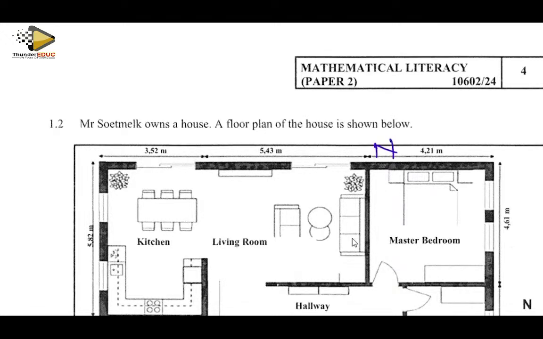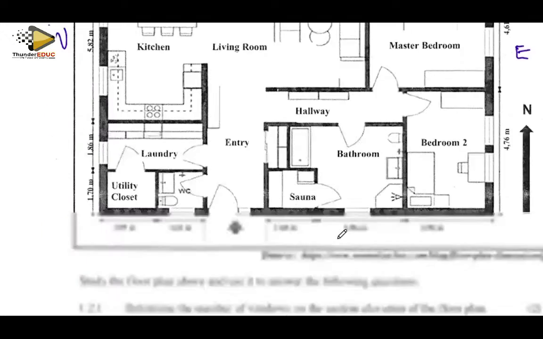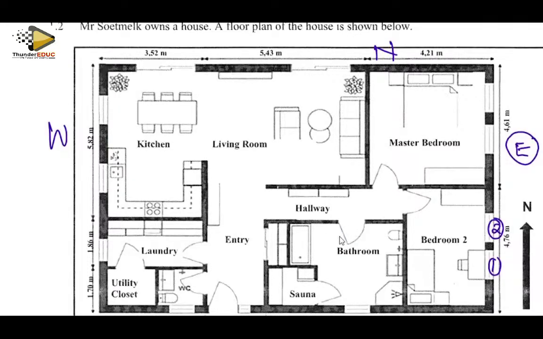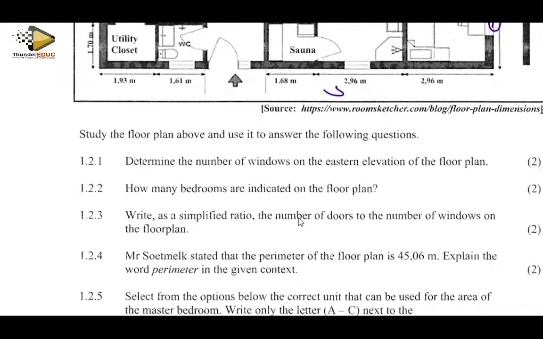This top is the north, this is the east, this is the west, and below is the south. So we are looking for windows on the eastern side. So we have 1, 2, 3, 4. So there are 4 windows.